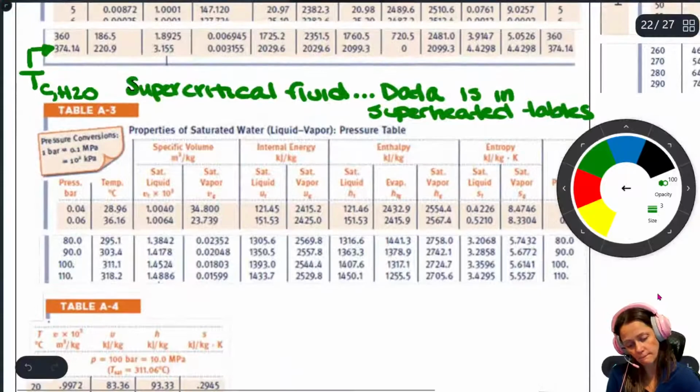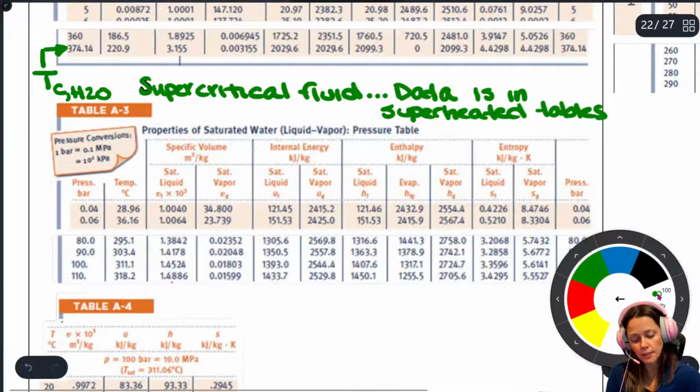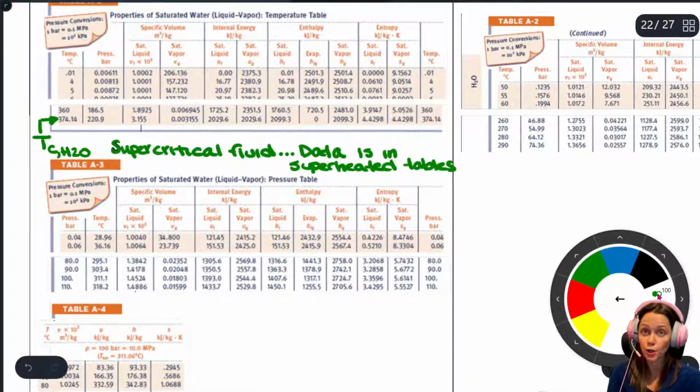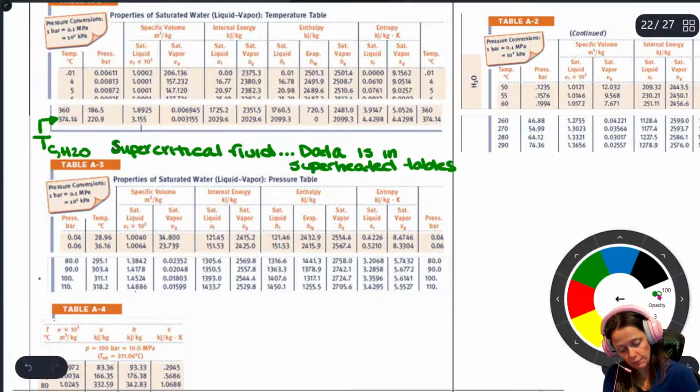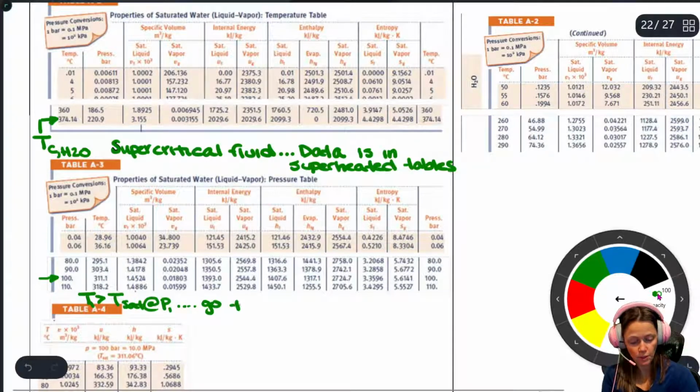And we'd get to the same conclusion that we needed to go to those superheated tables if we looked at table A3. So you're at 100 bar, and you could see, okay, well, my temperature, 311.1, it's greater than saturation temperature at P1. So we're going to go to the superheated tables.